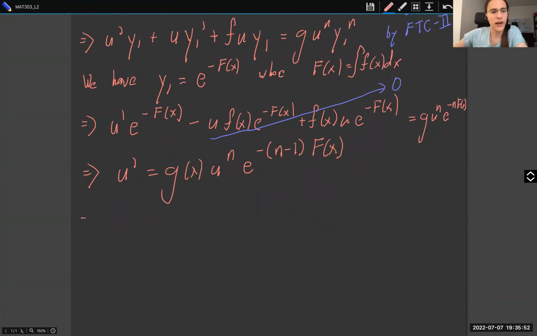And so when I integrate, what I obtain is that u is equal to the integral of g of x. Sorry, there shouldn't be a u. Yeah, there should be a u here.